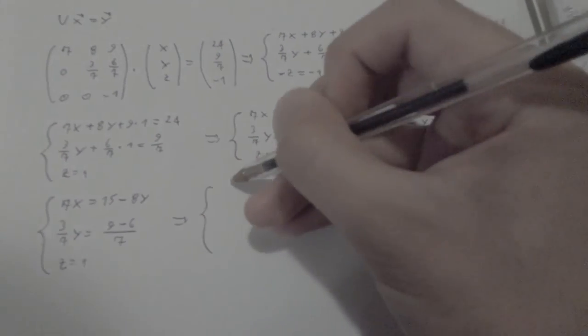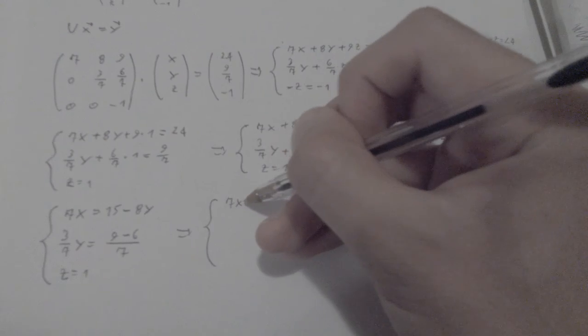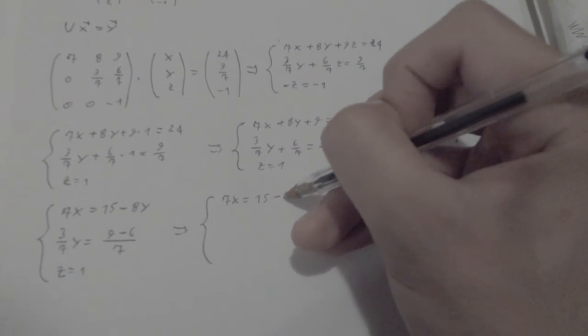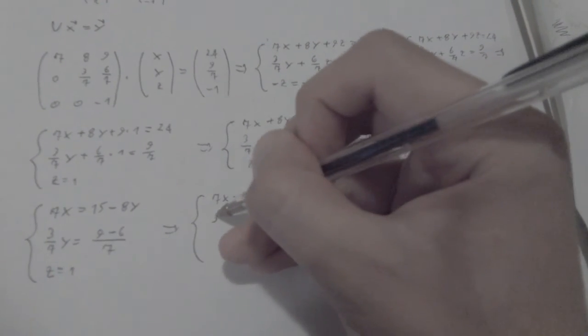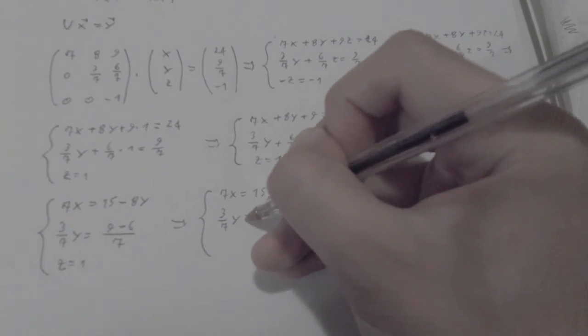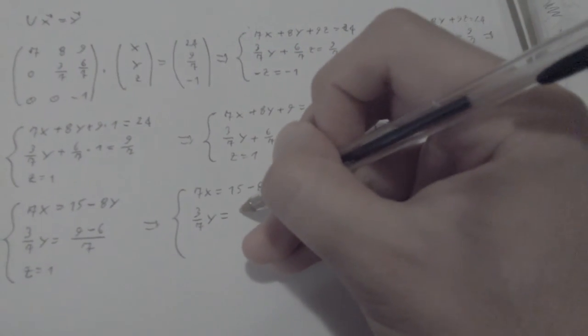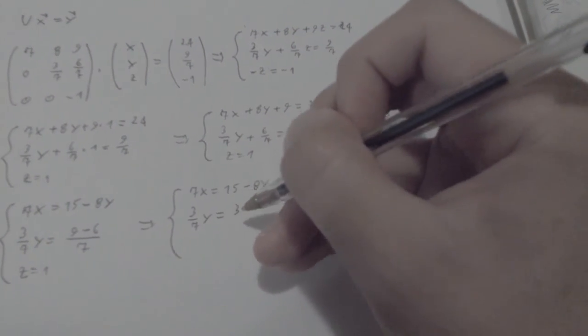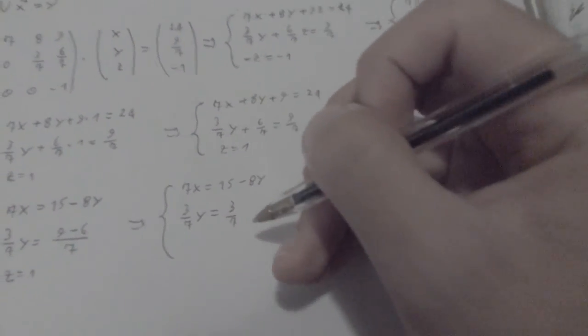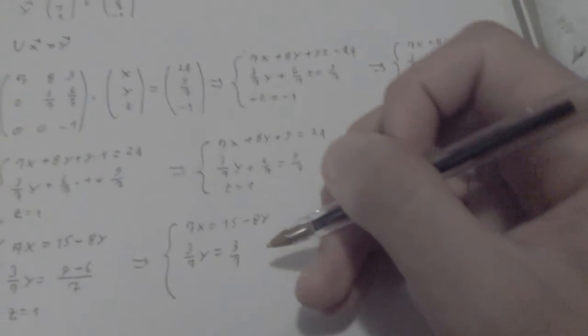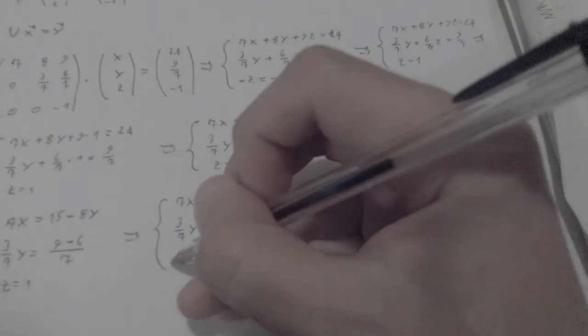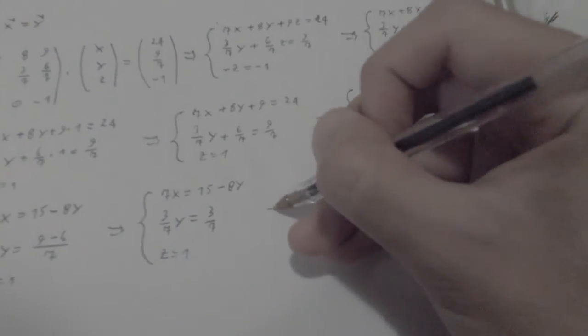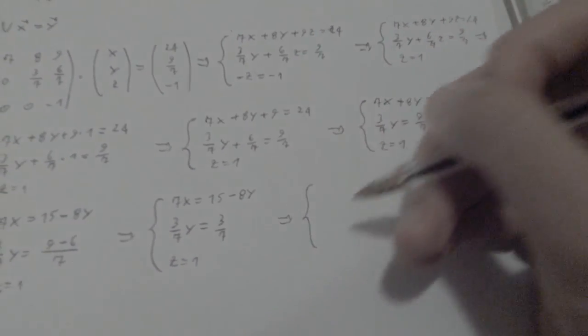And I'm gonna get 7x equal to 15 minus 8y, 3 over 7 y is equal to 3 over 7, and z is still equal to 1. We're just gonna go on again.